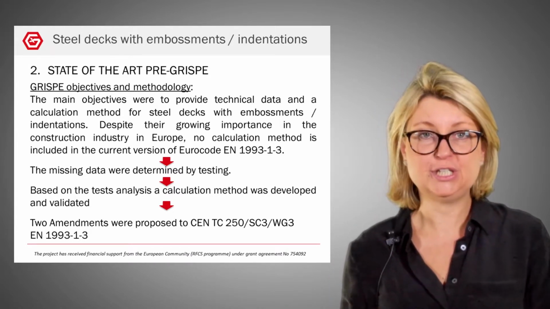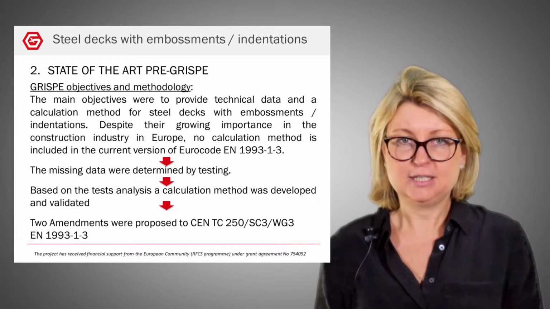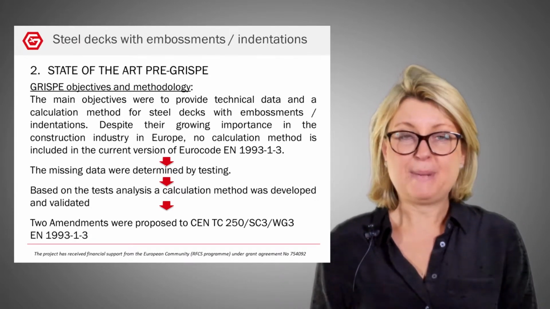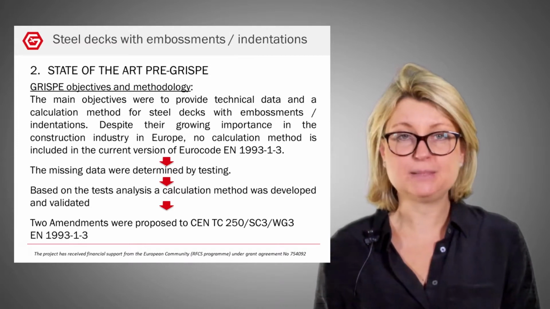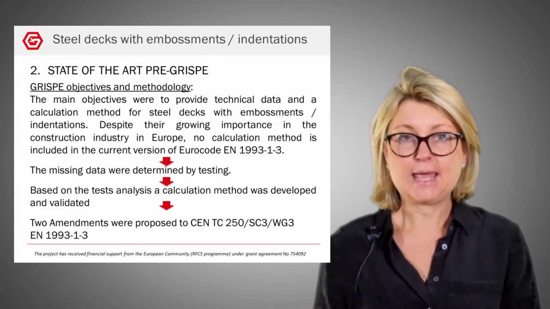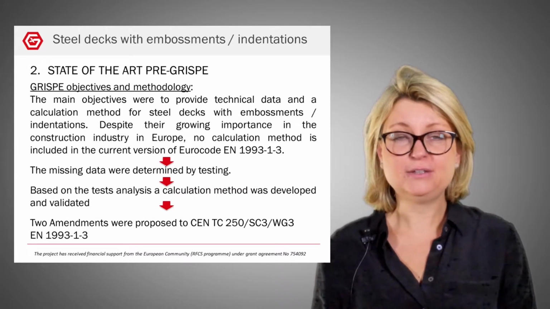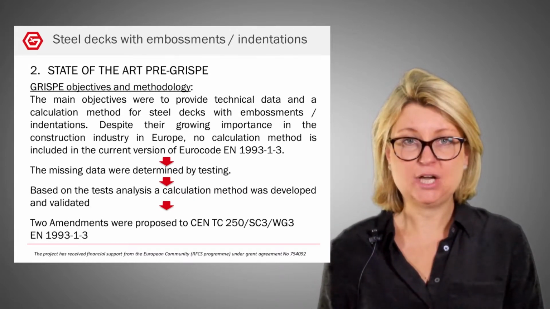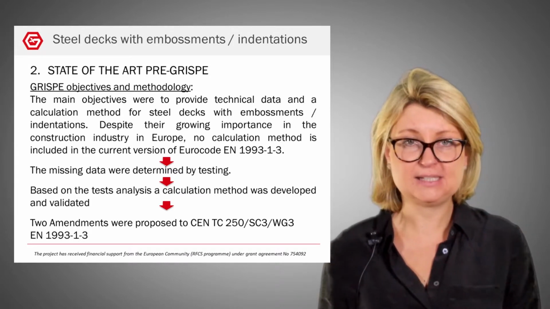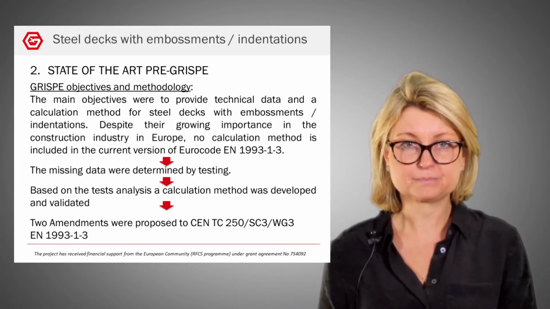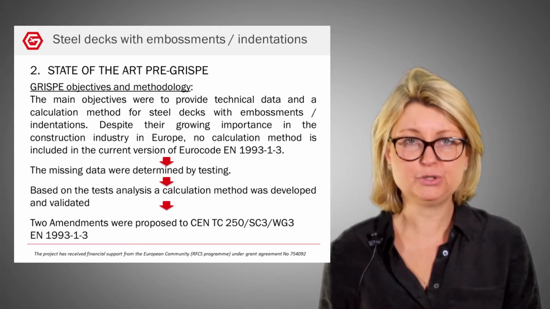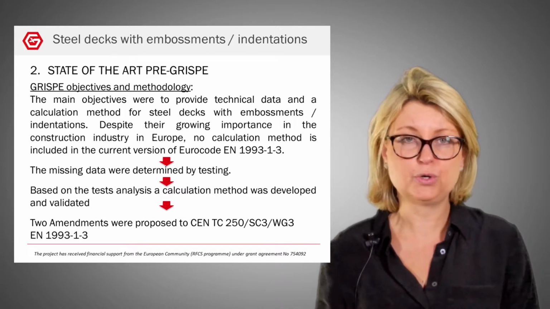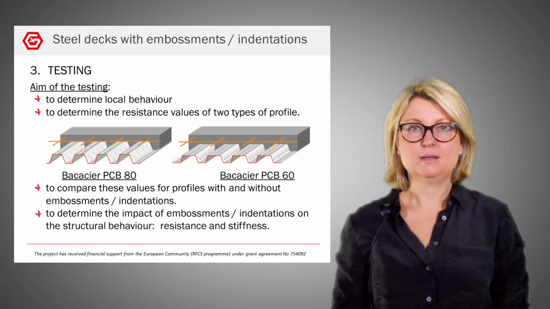The methodology consisted in determining the missing data by performing a huge testing program and then to define a calculation method based and validated on the analysis of the test results. This methodology was proposed as an amendment on the Eurocode 3 Part 1-3.